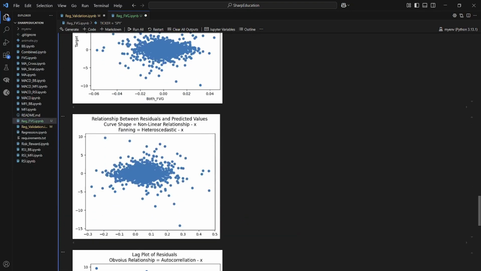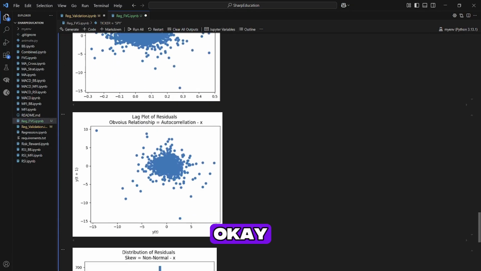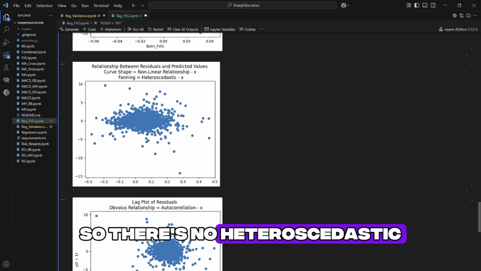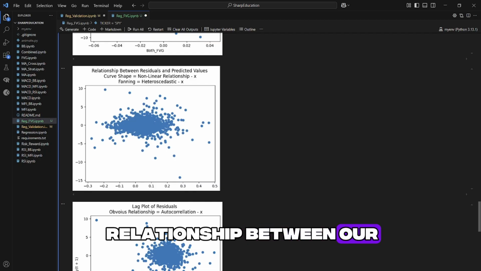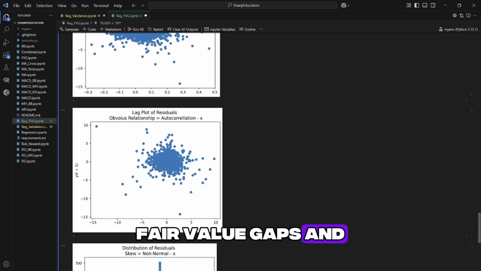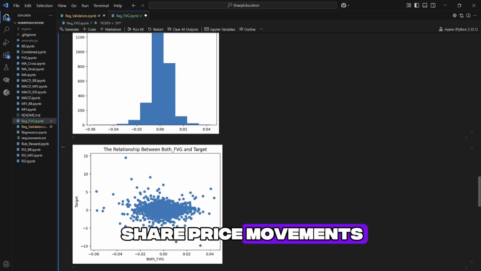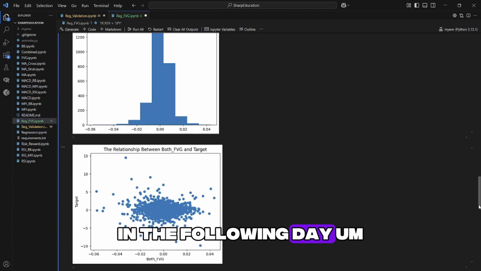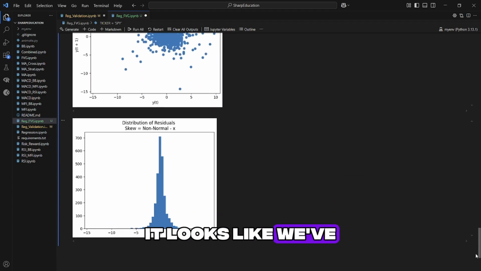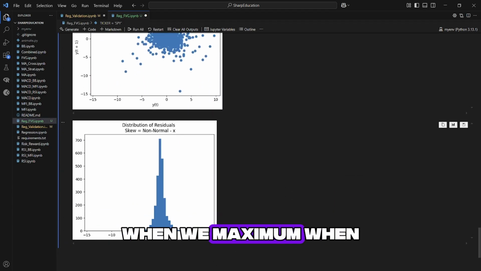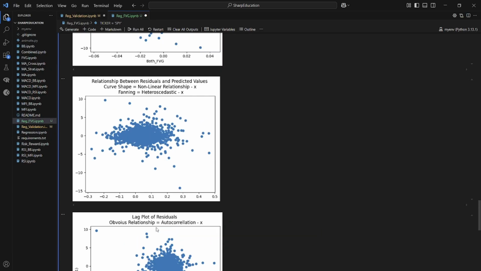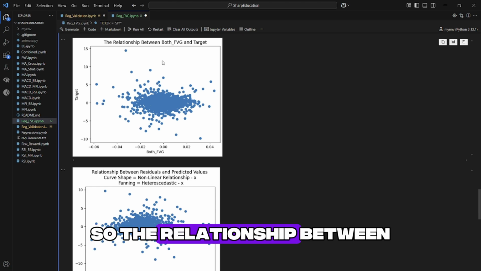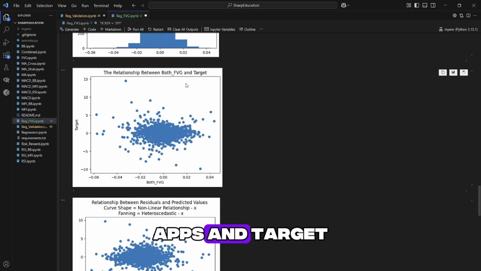No, we don't. Okay. So there's no heteroscedastic relationship between our fair value gaps and share price movements over the course of one day in the following day. It looks like we've actually passed all tests when we do maximum amount of data available for the S&P 500. So the relationship between both fair value gaps and target.